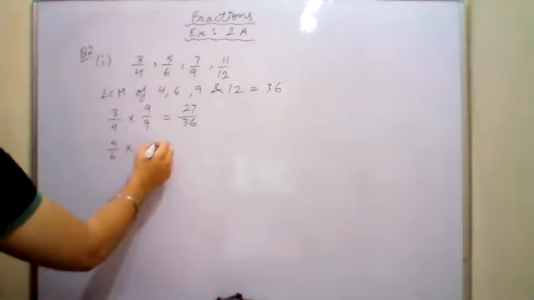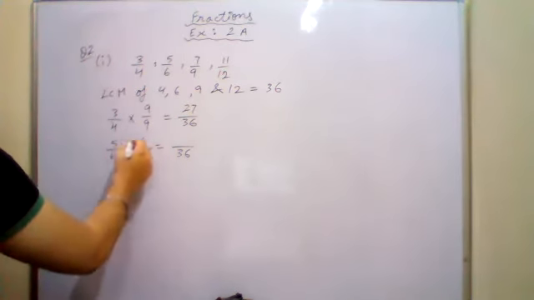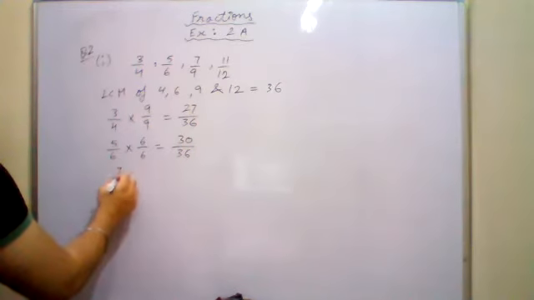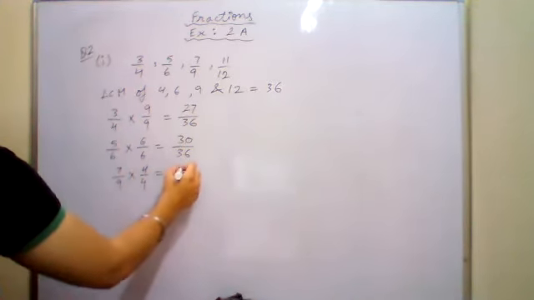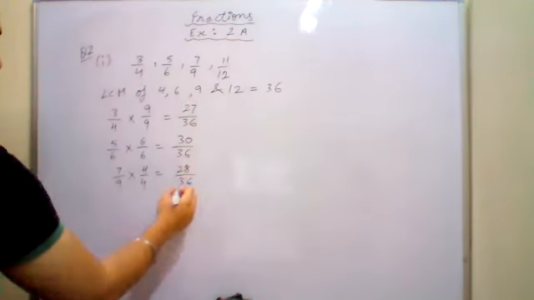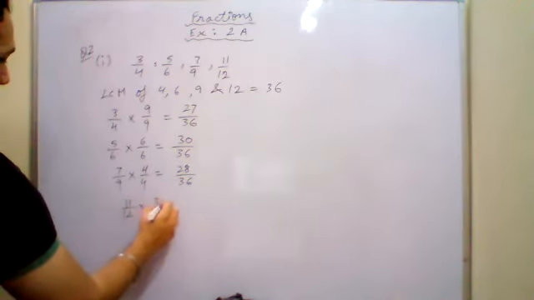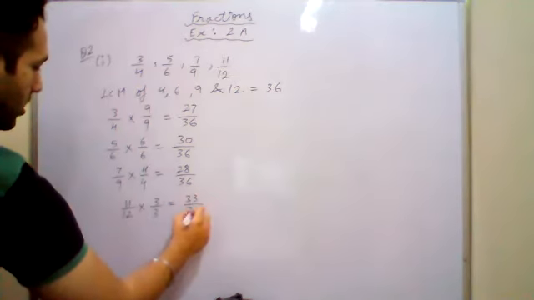5 upon 6, 6 upon 6 से multiply कर लेंगे. This becomes 30 upon 36. Next one, 7 upon 9 multiplied by 4 upon 4 is equal to 28 upon 36. And 11 upon 12 multiplied by 3 upon 3 becomes 33 upon 36.